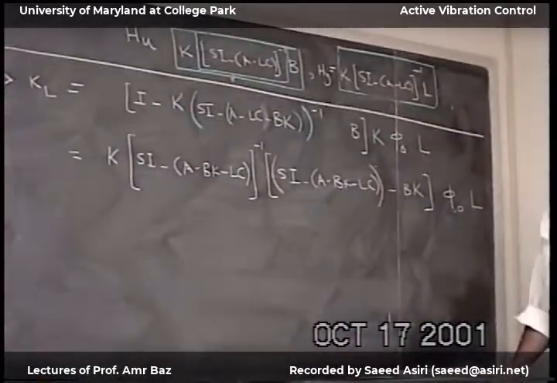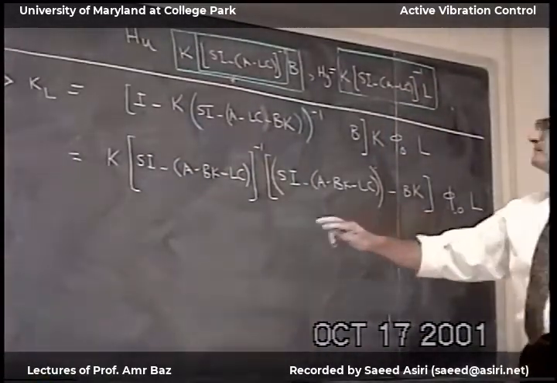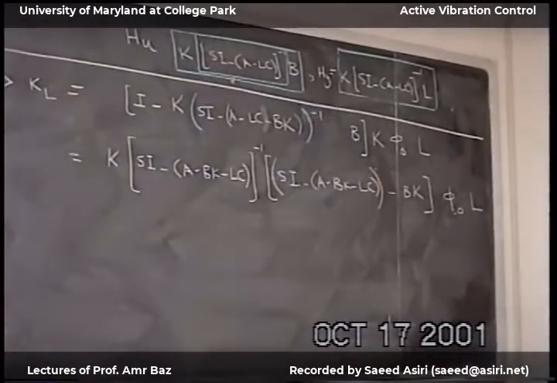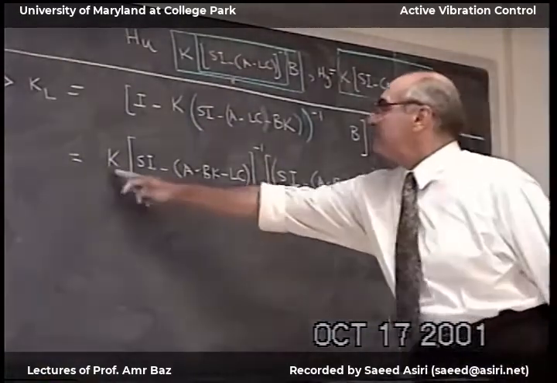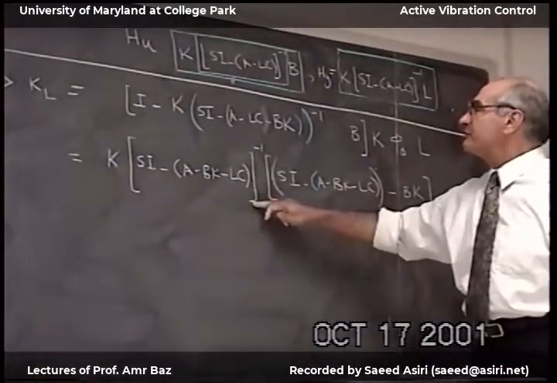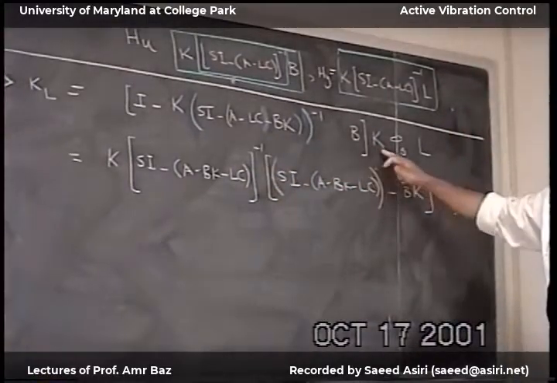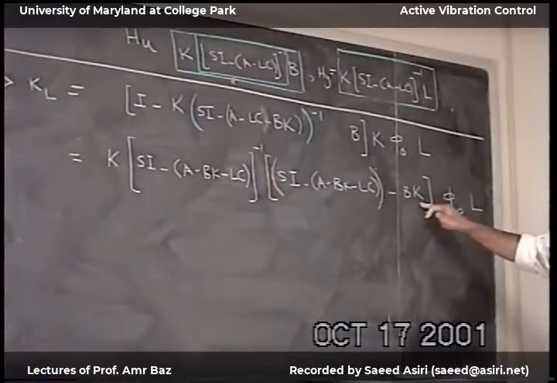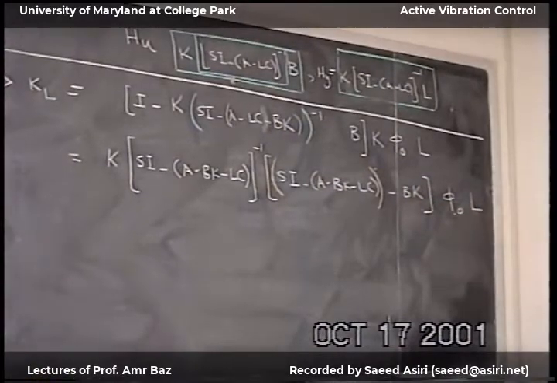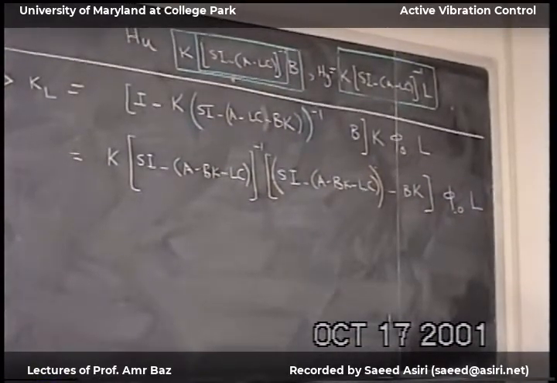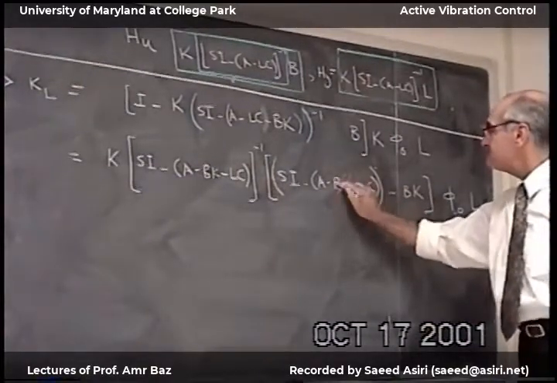Now the second term is K times this bracket, times the B and the K, and then phi0 and L. Okay, so this is just a little trick. Why? So we can cancel this with this.